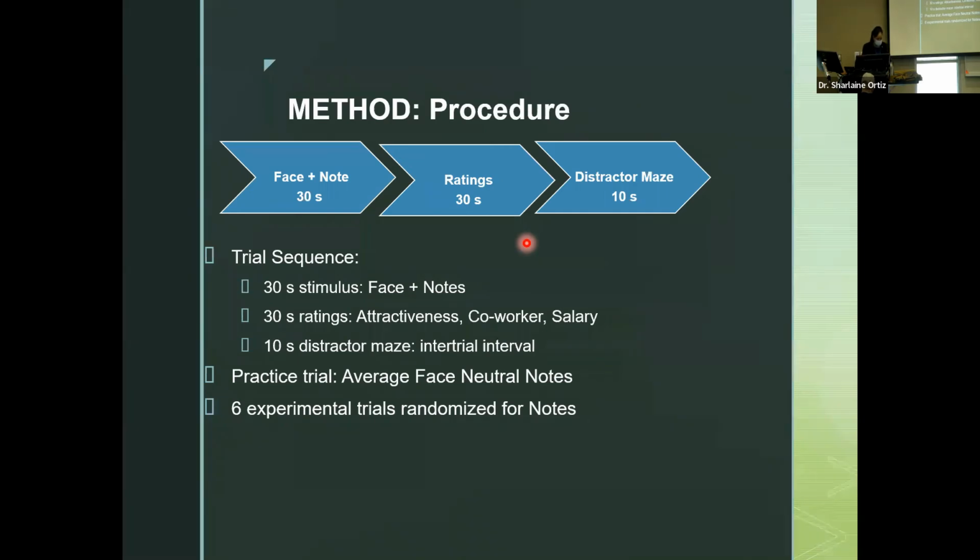So those were the 3 steps, if you will, in regards to their process. Notice that, as I mentioned, they also had a trial sequence. Notice that here they would present 30 seconds of that stimulus. So for example, the face with the notes, then 30 seconds with the ratings in regards to their attractiveness, coworker ratings, and then their salary.